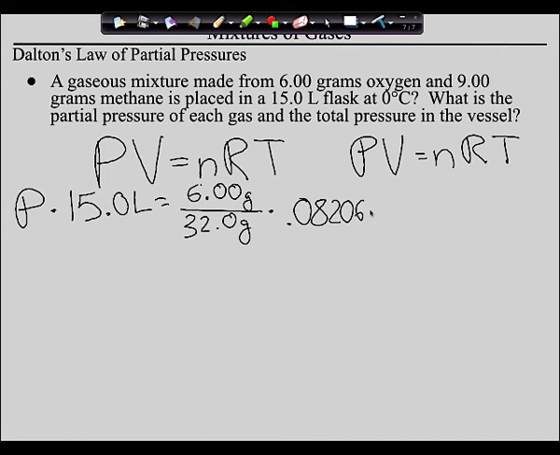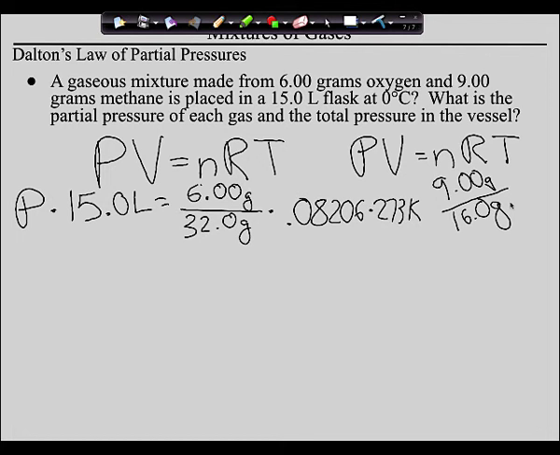And then our temperature is 273 Kelvin. Then we would repeat that process for the other gas, the methane, except the mass factor would be 9 grams divided by 16 grams, because methane is CH4.